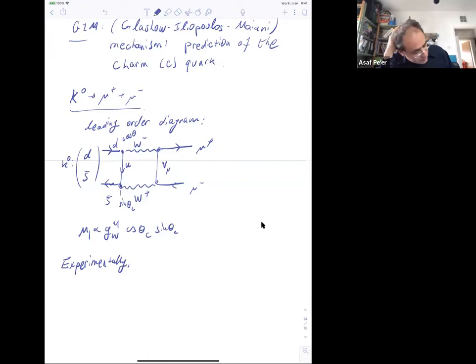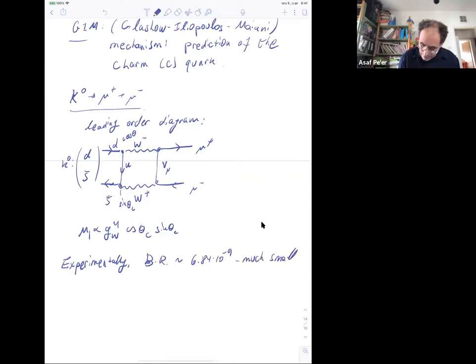It nearly never happens. Experimentally, the branching ratio, the fraction of the rate in which this decay happens versus the rate in which other possible decays happen, is 6.84 times 10 to the minus 9. That is much smaller than theoretical predictions.